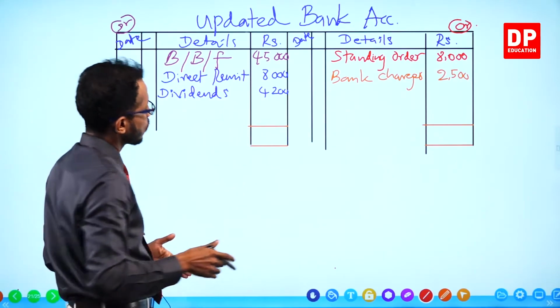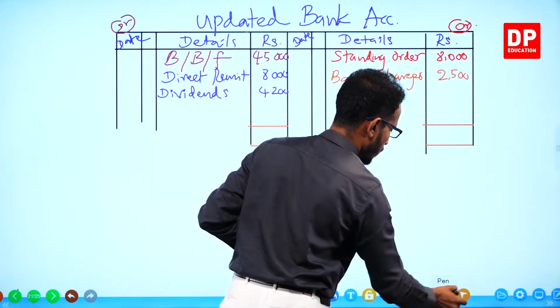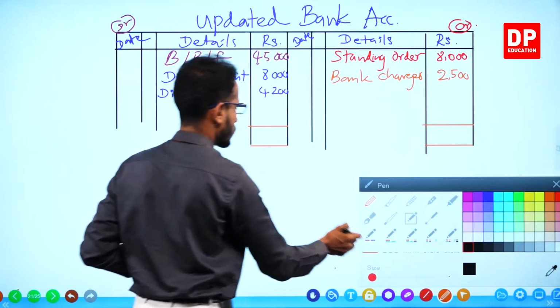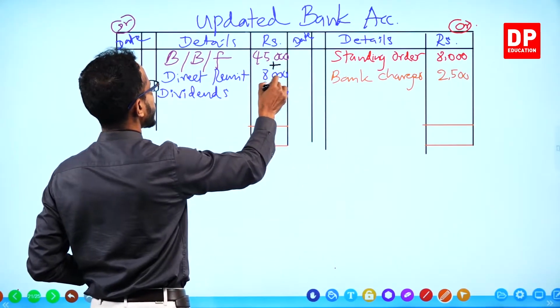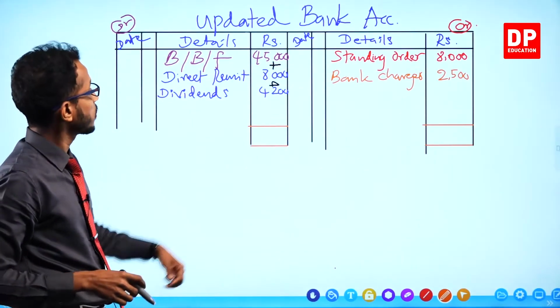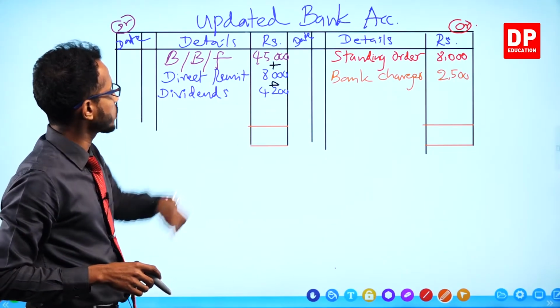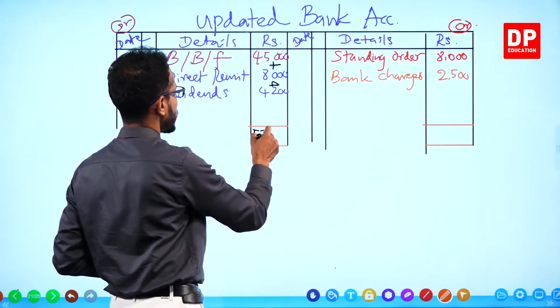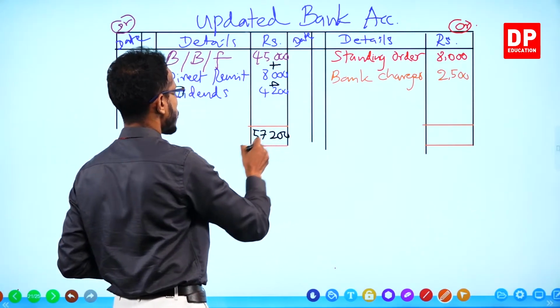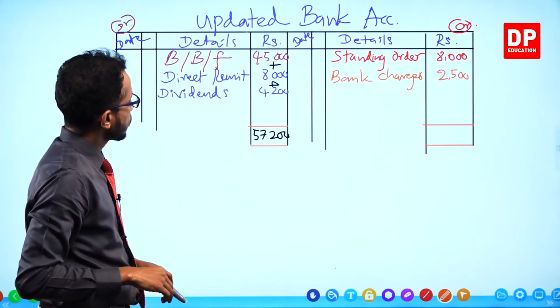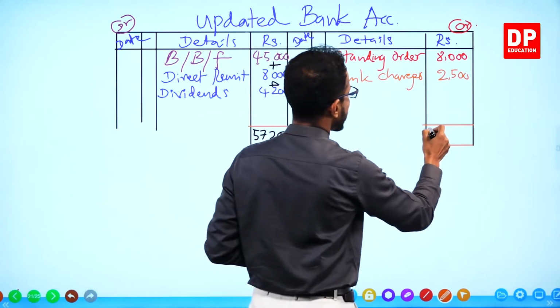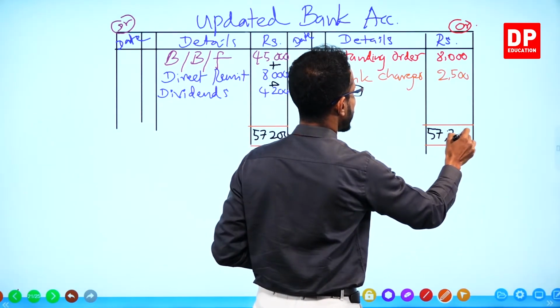It is 45 plus 8 plus 4,200. So 45 plus 8, 53, 57,200 is the sum of the debit side. 57,200 is taken to the credit side.